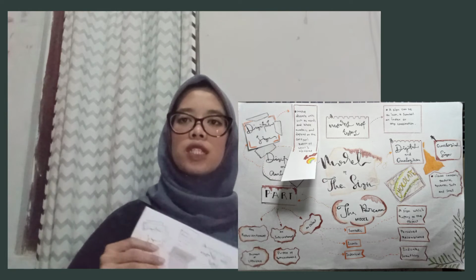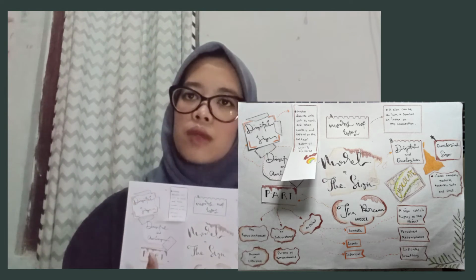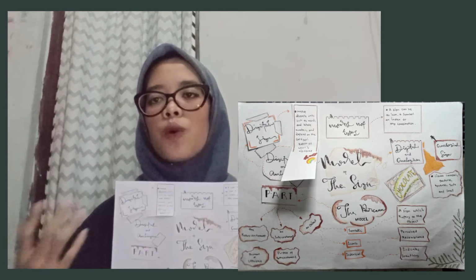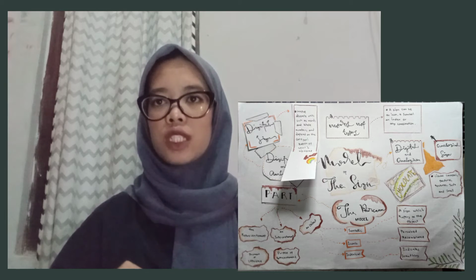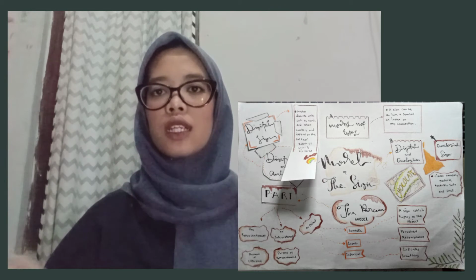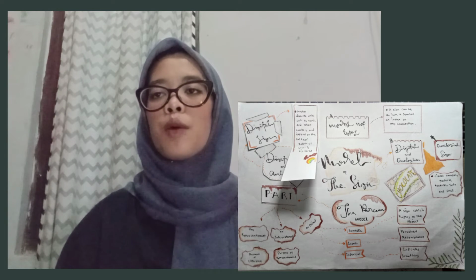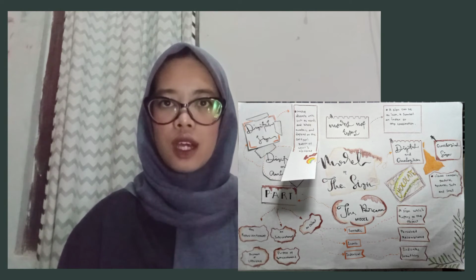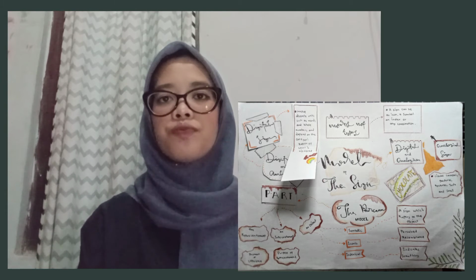Symbol or symbolic: a mode in which the signifier does not resemble the signified, but which is fundamentally arbitrary or purely conventional. And then icon or iconic: a mode in which the signifier is perceived as resembling or imitating the signified.